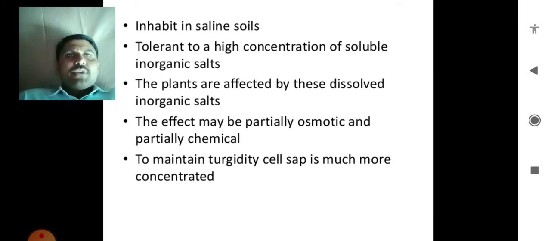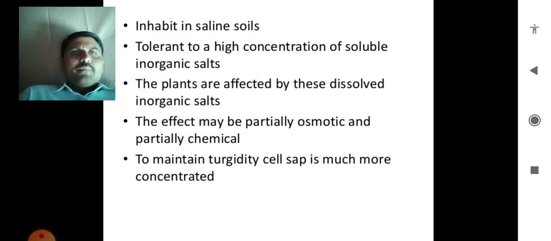Halophytes inhabit saline soils and are tolerant to a high concentration of soluble inorganic salts. The plants are affected by these dissolved inorganic salts. The effect may be partially osmotic and partially chemical.